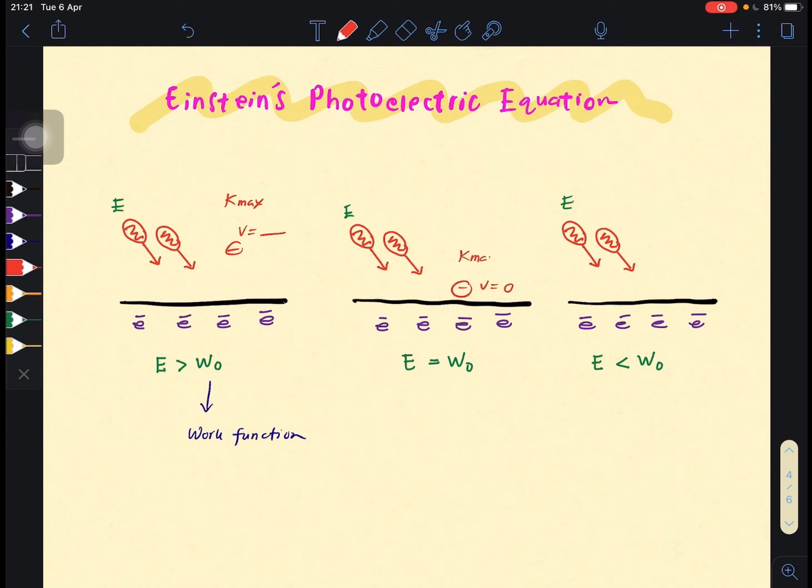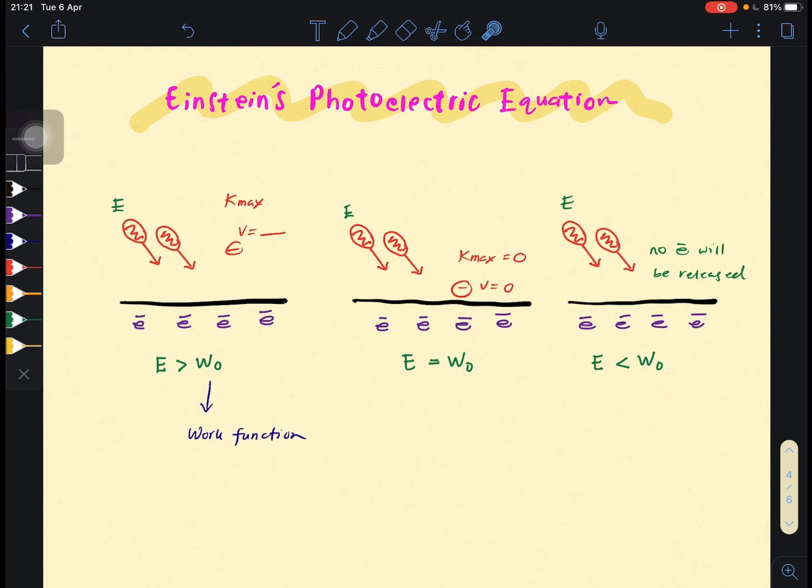So Kmax, the maximum kinetic energy, will also equal zero. And the last one, if the energy is less than the minimum energy, no electron will be released. So these three are the conditions. To release an electron from the metal, the energy must be higher than or equal to the minimum energy.